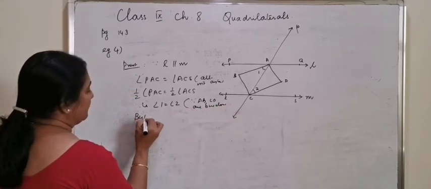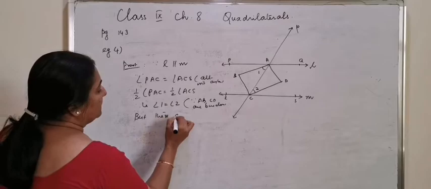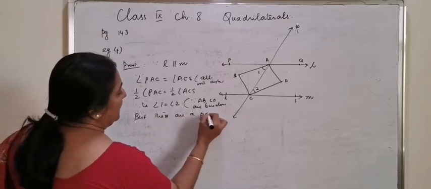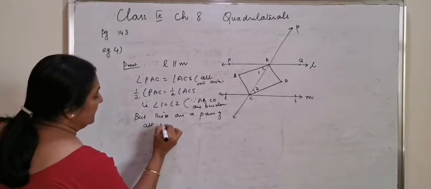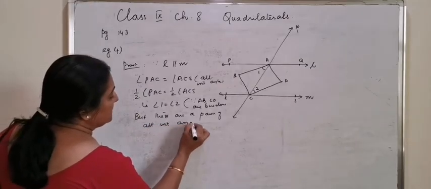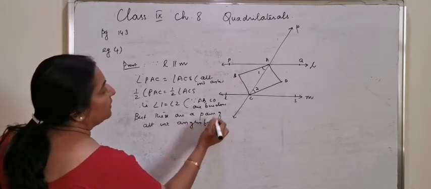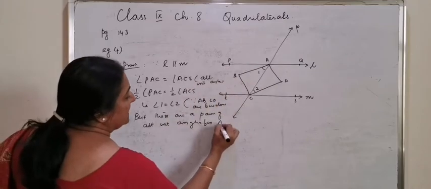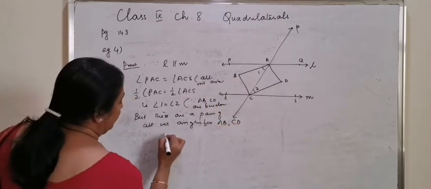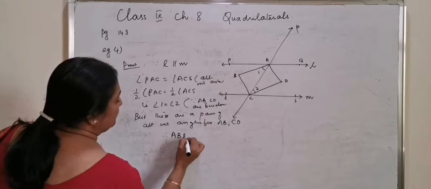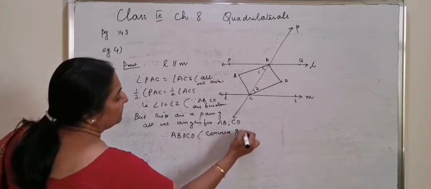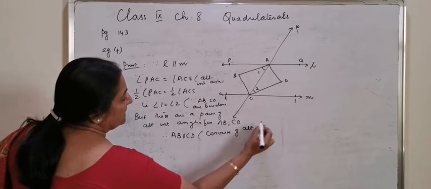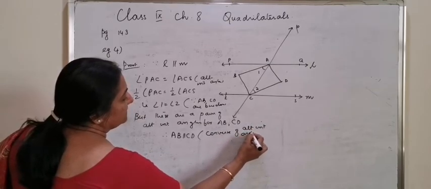But these are a pair of alternate interior angles for AB and CD. Therefore, AB is parallel to CD by the converse of alternate interior angles.